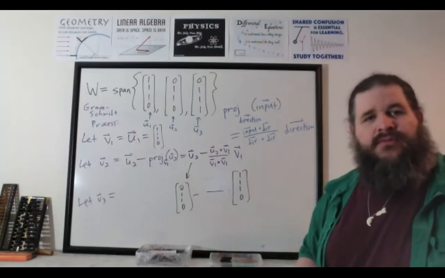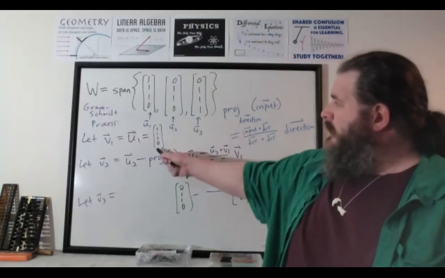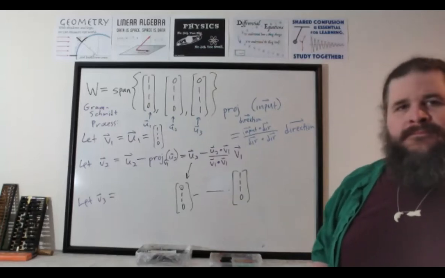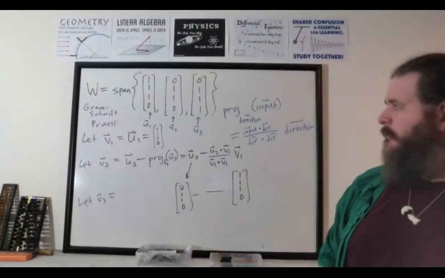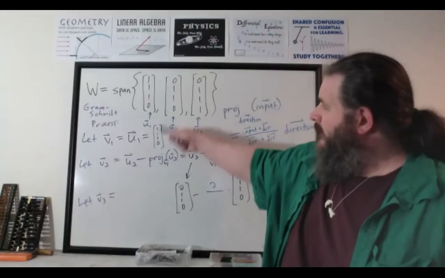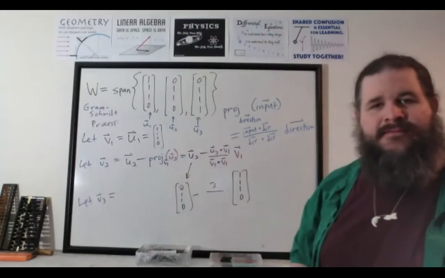And to find that fraction, we'll take these dot products. What's U2 dot V1 going to be if you take that dot product? 2. Yeah, because we've got 0 times 1 plus 1 times 1 plus 1 times 1 plus 0 times 0. What about U1 dot itself?